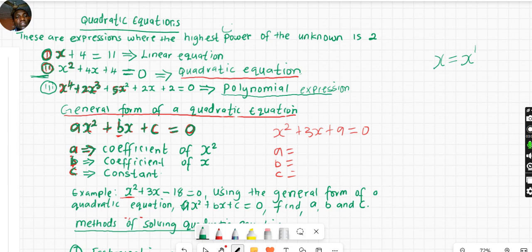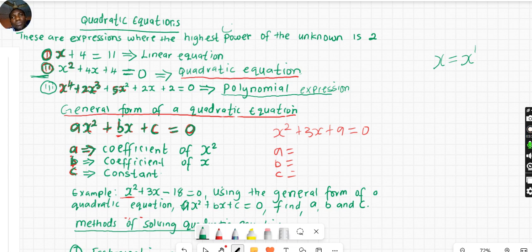The highest power of x in this expression is 4. So it's not a quadratic equation, it's a polynomial. So you need to know the difference between a quadratic equation, a linear equation, and a polynomial.